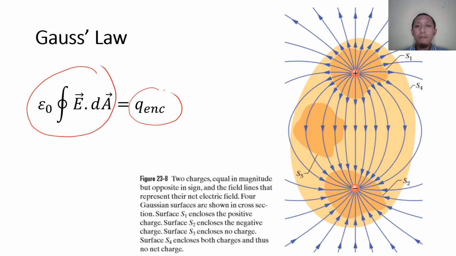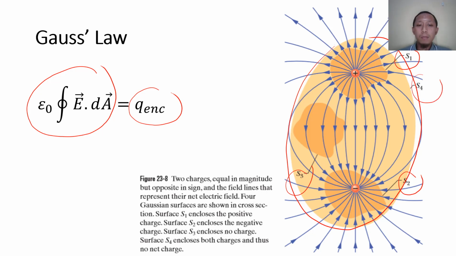Just like this one, we have an object, and in this object we have two charges. This is the positive charge and this is the negative charge. Okay, and then we can check what is the total of the q enclosed by checking all the surfaces like this one. This is S1, and then we check S2, S3 and S4.